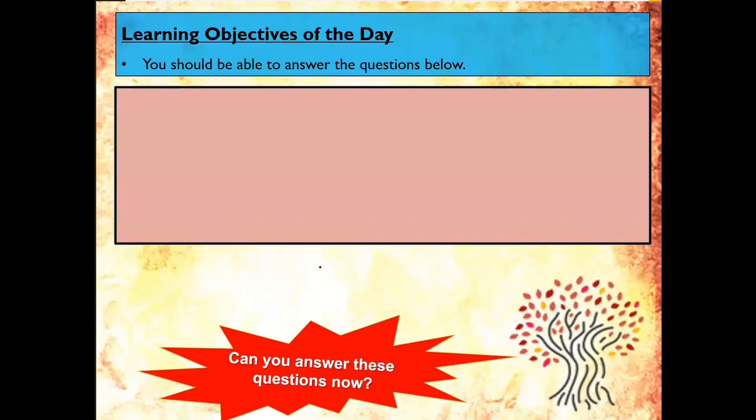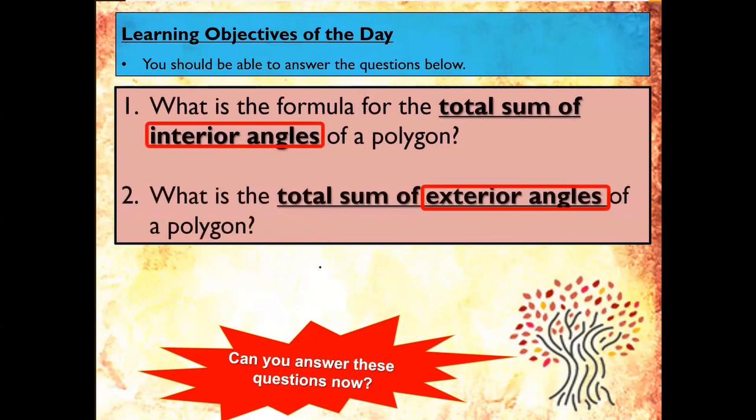So actually that's all for today. But before we finish, I wish you guys can answer these two questions first. First, what is the formula for the total sum of interior angles of a polygon? Another one, what is the total sum of exterior angles of a polygon?